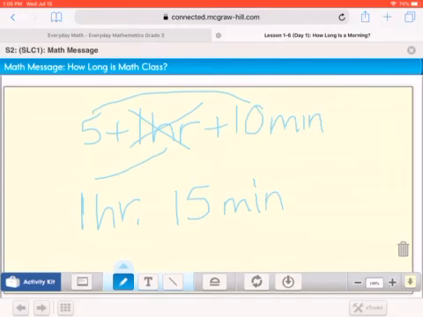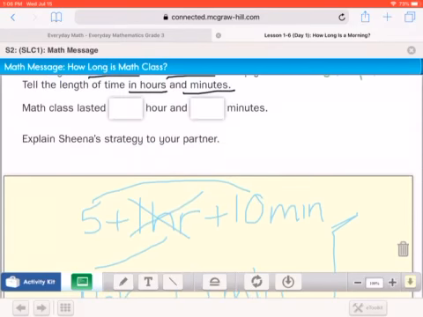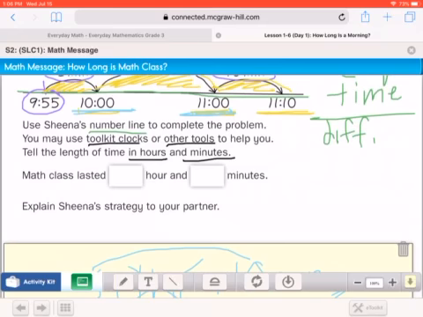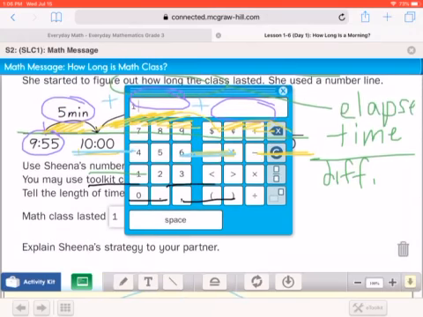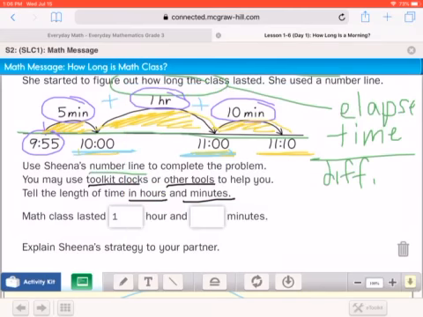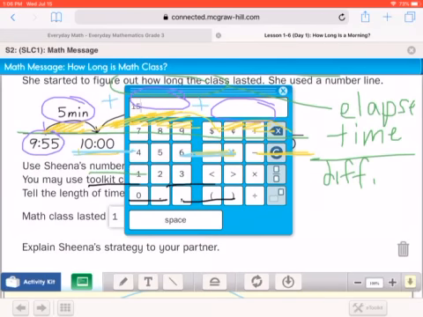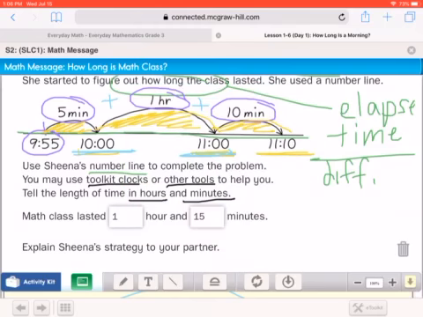Okay, so if I scroll back up, I can write in here 1. It's hard to see past that time. One hour and 15 minutes.